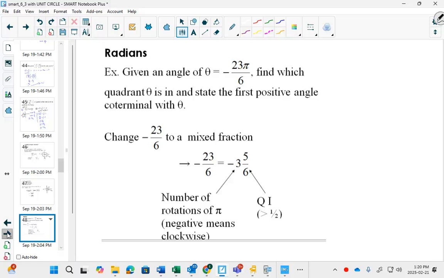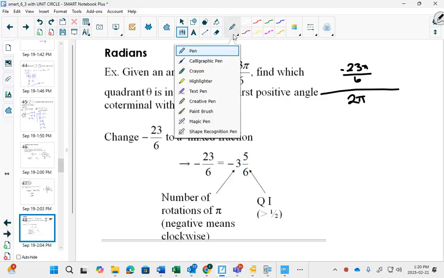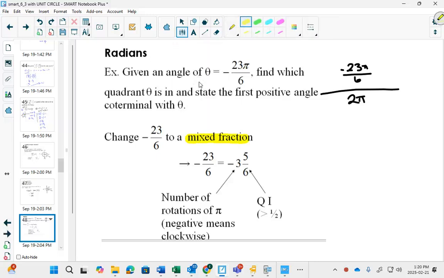Again, if you had a calculator, instead of dividing by 360, you just have to divide by 2 pi, because 2 pi and 360 degrees are the same. And then you would be able to figure out where it is. But what we're going to do as a strategy is take our number and change it to a mixed fraction.